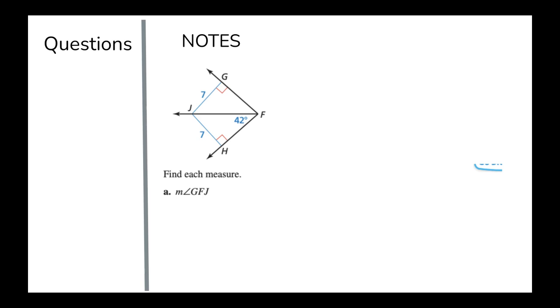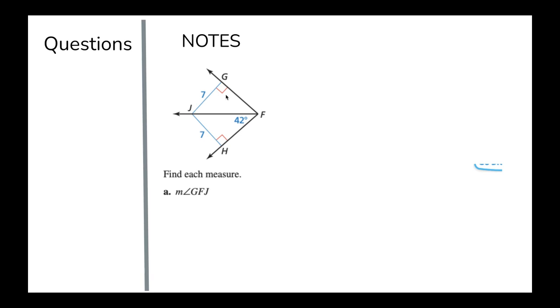All right, look at this here. This problem says to find the measure of GFJ. So from G to F to J, we're looking for the angle right here. Okay, that's the measure we're trying to find. Well, let's look at the information we have. From J to G, it's 7 units, and from J to H is 7 units.